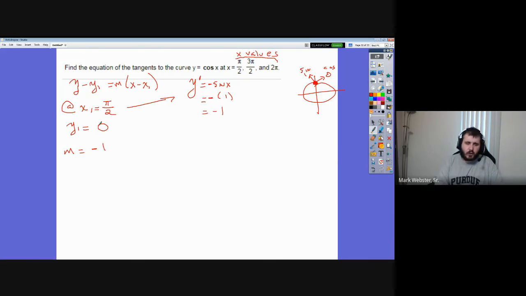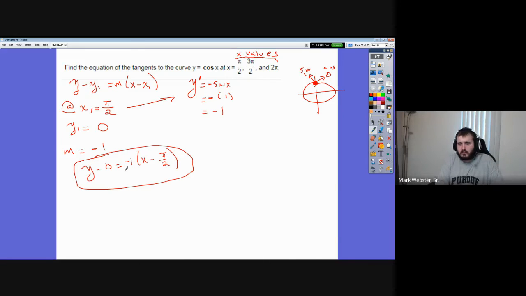So now I've got x1, y1, and slope. Let's plug it all in. y minus y1 equals m times x minus x1. And like I said, why do anything but just leave it here? No reason to do any more. And then you're going to do the exact same thing for 3 pi over 2 and 2 pi.